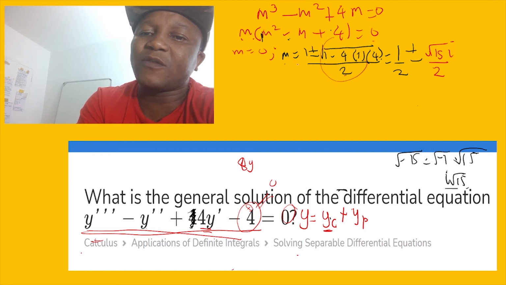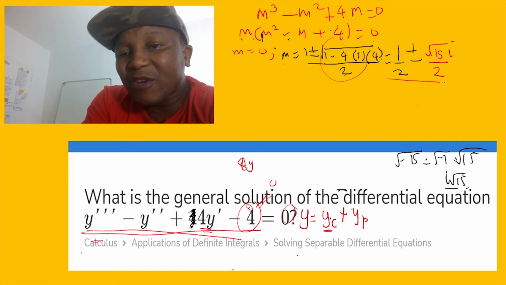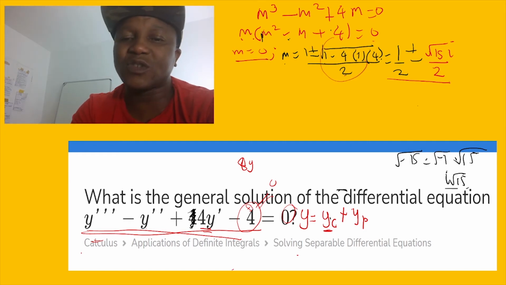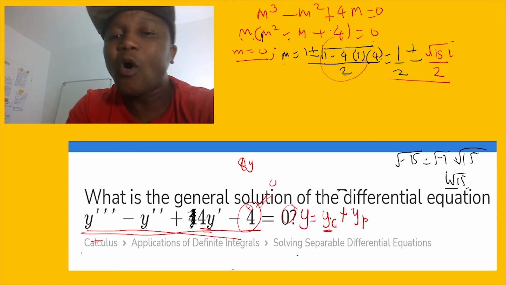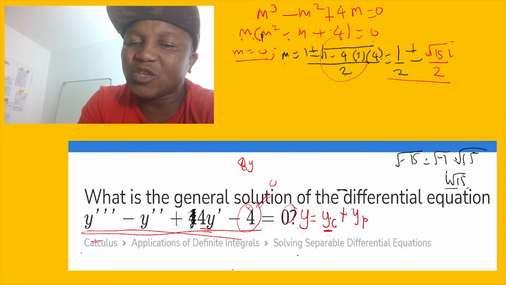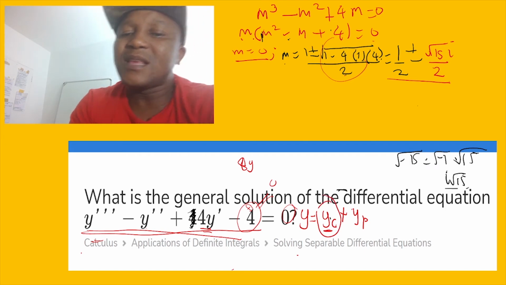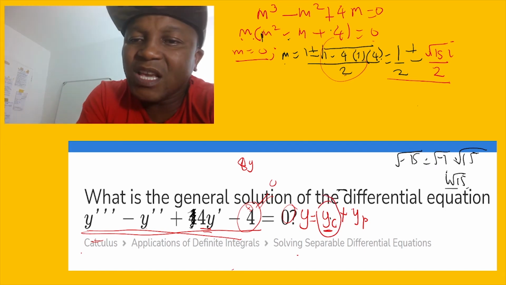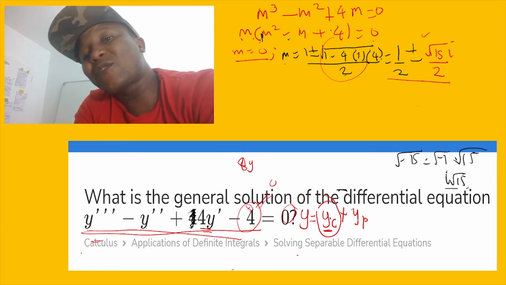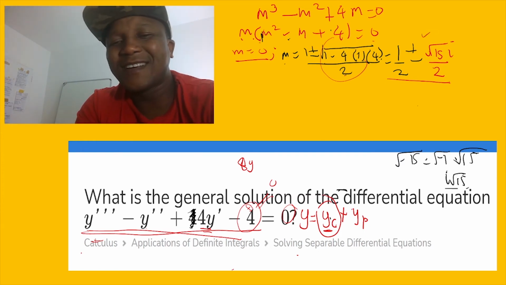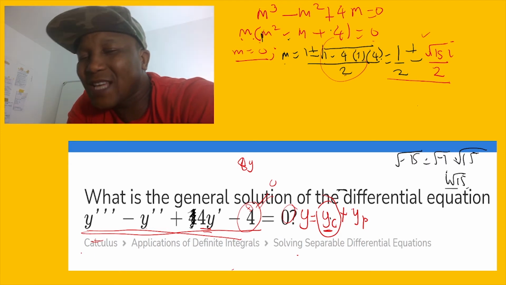So now I have 2 roots for this case. In here I just have m equal to 0. These we call auxiliary roots.